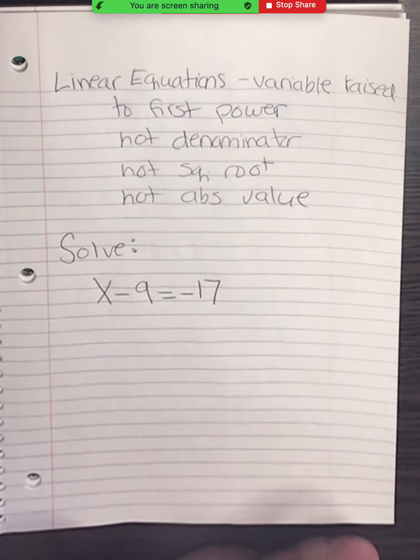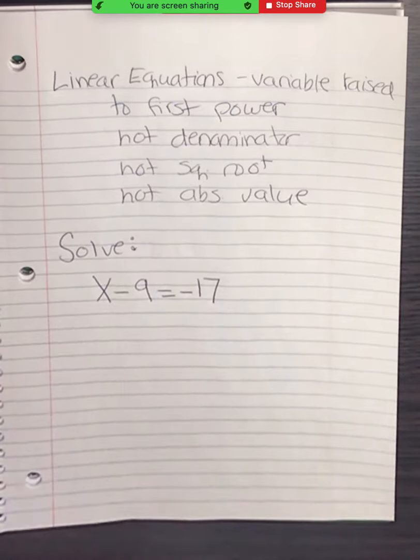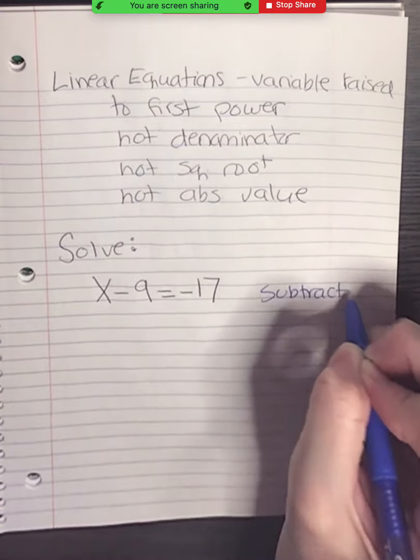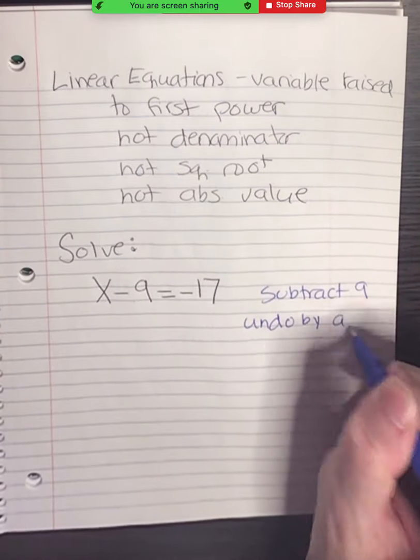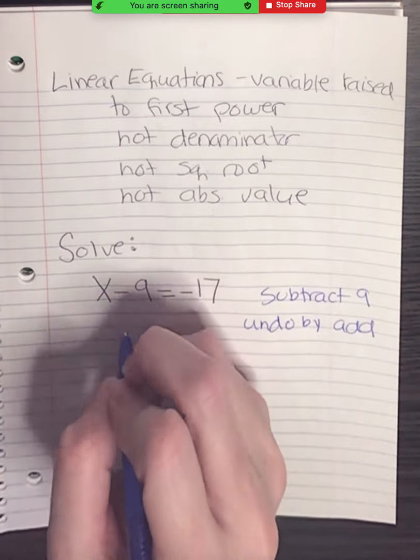So to isolate it, I'm doing the inverse of that. I'm adding 9. But we have to keep the equation in balance. So I added 9 to the left. I'm going to have to add 9 to the right. So x minus 9 plus 9 is just x. Right? That minus 9 plus 9 canceled out.